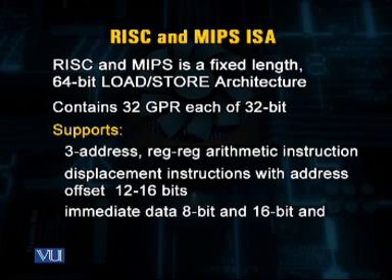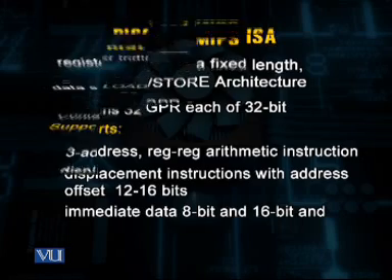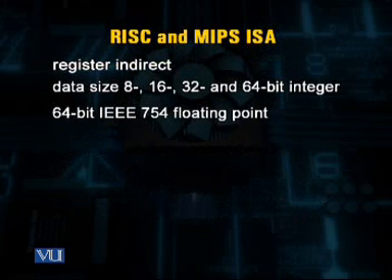It also supports immediate data types of 8 bits, 16 bits, 32 bits, and 64 bits. The data size is of these different values. It also follows the 64-bit IEEE floating point word format.